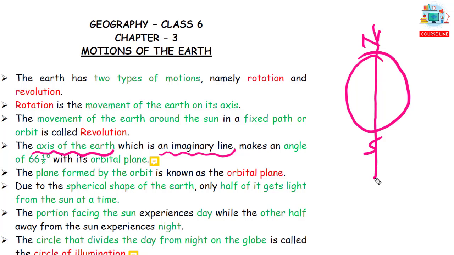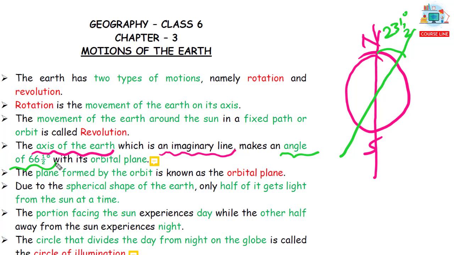It is not truly vertical, but it's tilted like this, and it is making an angle of 23.5 degree from the vertical plane. Here it is saying that the axis of the earth makes an angle of 66.5 degree with its orbital plane.